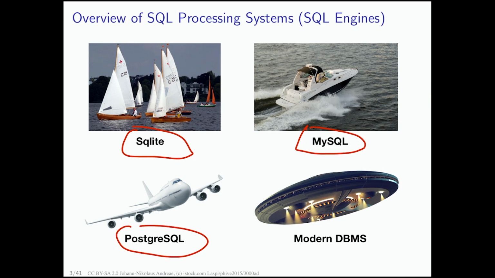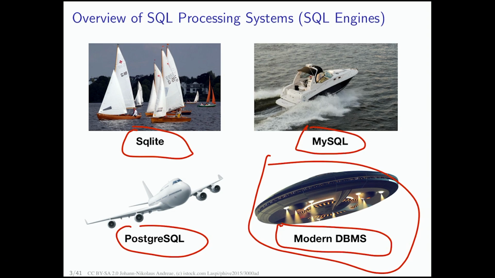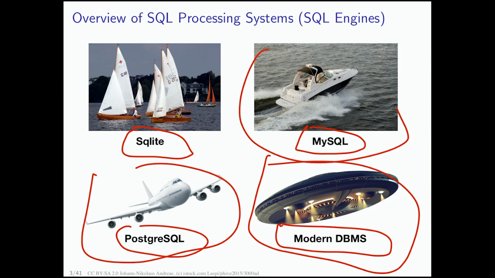But compared to that, there are modern database systems that incorporate the latest research, can fly through wormholes, have a warp drive and stuff like that. So this is all fancy and cool, but for your average use case, you're not going to need this stuff. You will be good with the Postgres jumbo jet or the MySQL motorboat or the SQLite yacht. So it really depends on the use case you're having, and you have to be careful to pick the right system.